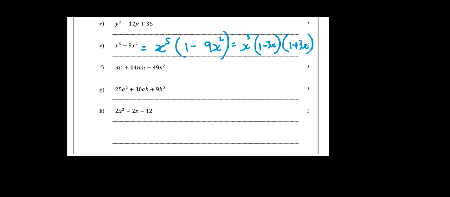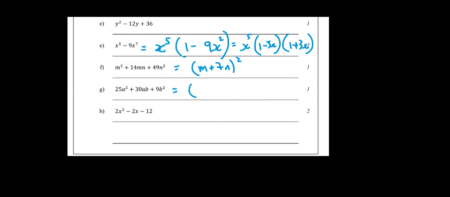Okay, so hopefully you can recognize that this is m plus 7n squared. Square the first, m squared, square the last, 49n squared, double the product is 14mn. If you can't, you're going to have to factorize by grouping. The same with this.